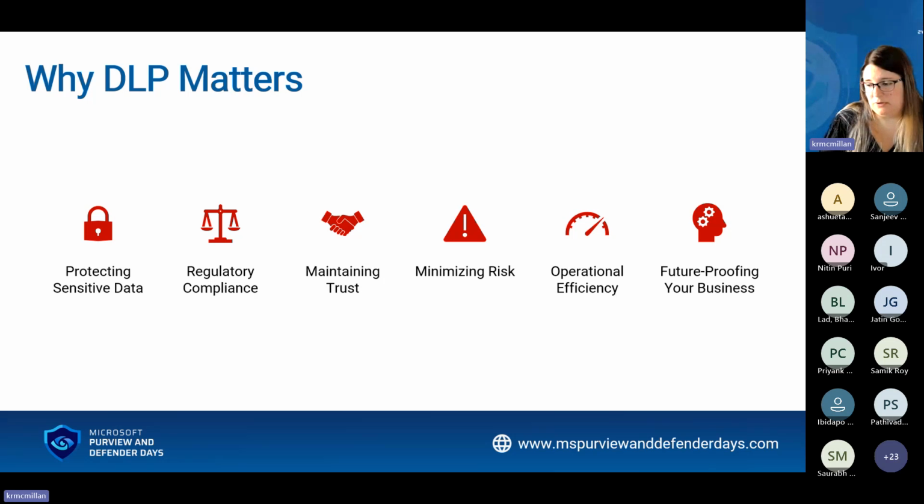That's also, you could have insider risk, which can be human-centric risk. So somebody may be accidentally sending the wrong data out, or it could be that somebody within an organisation is actively trying to take data from your organisation. So minimising that risk is another reason why DLP matters. Also, the operational efficiency.